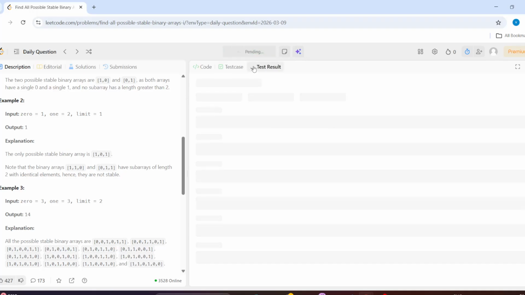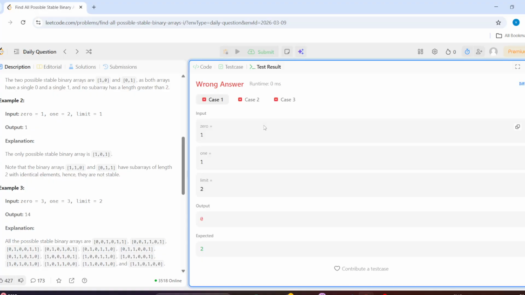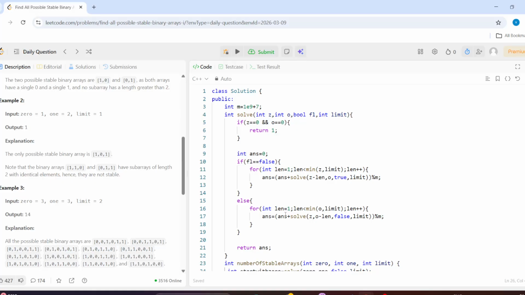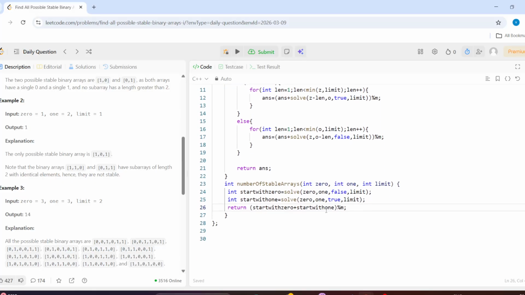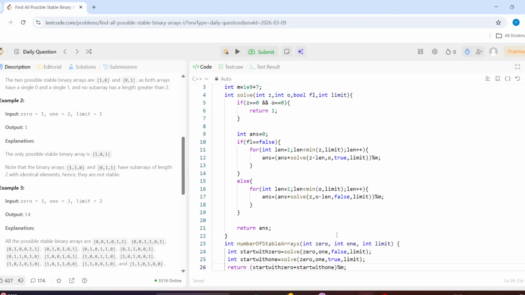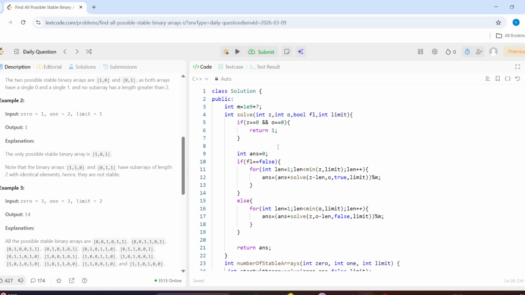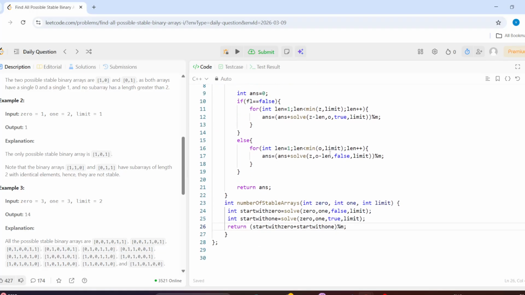Let us run it. Somewhere I am making a mistake. If it starts with 0, the base condition is also true.